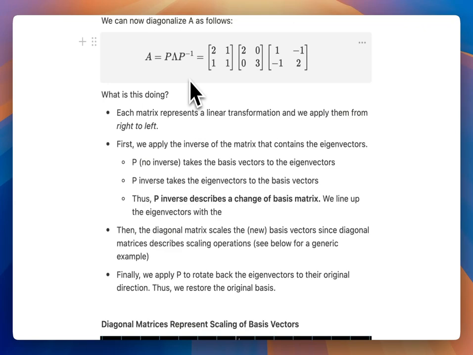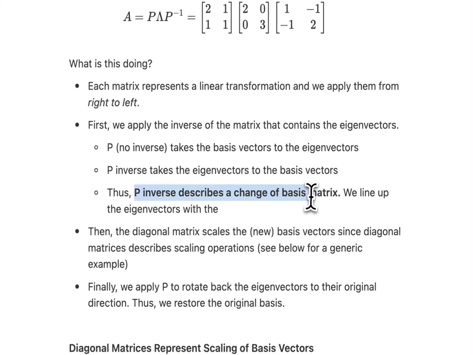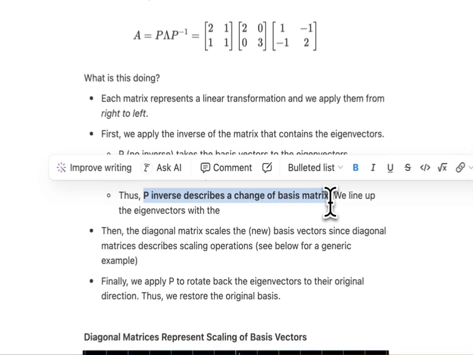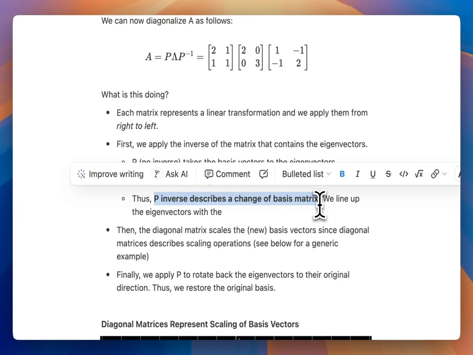But that means that P inverse must do the opposite, i.e. taking the eigenvectors and sending them to the basis vectors. And that is exactly why P inverse describes the change of basis for this matrix. We're changing the eigenvectors to the basis vectors. And then we're going to apply this diagonal matrix.